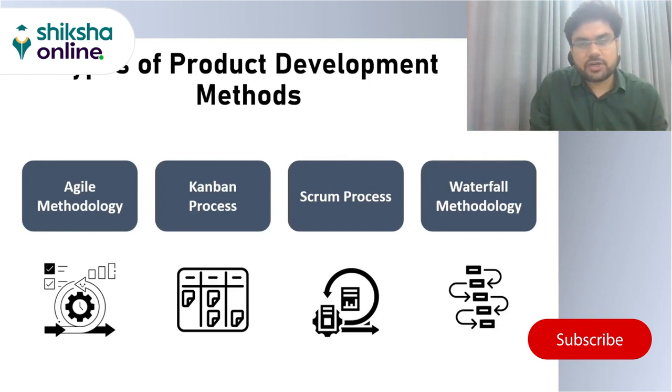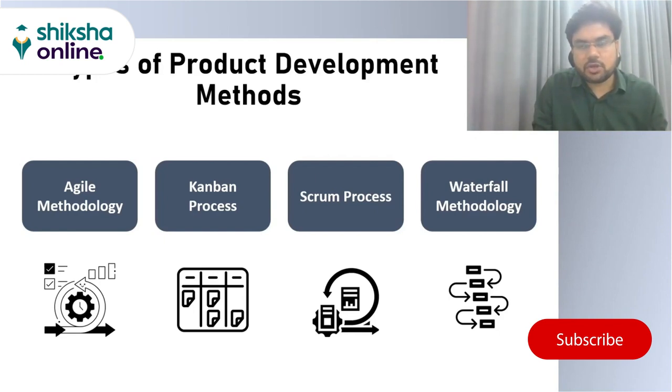Agile methodology of product development entails developing a product in versions. Typically in an Agile methodology, you start with an MVP, or a minimum viable product, with the most basic and essential features of that product, and then you build on it in various versions based on customer feedback and market developments.